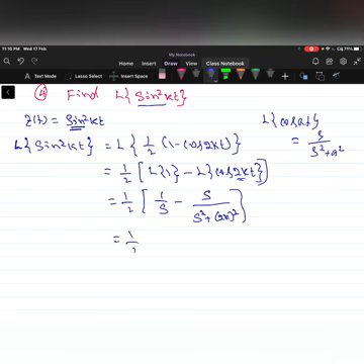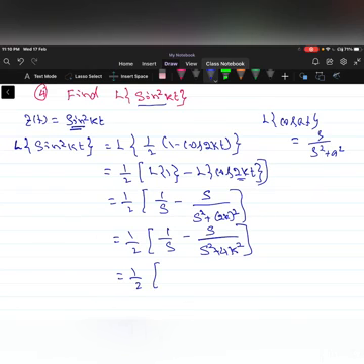So this can be written as 1 by 2 into 1 by s minus s by s square plus 4k square. So this can be written as 1 by 2 into, take the LCM, s into s square plus 4k square.